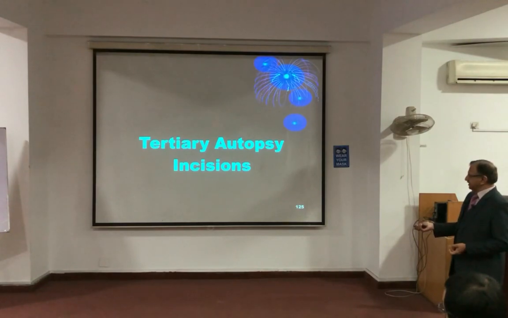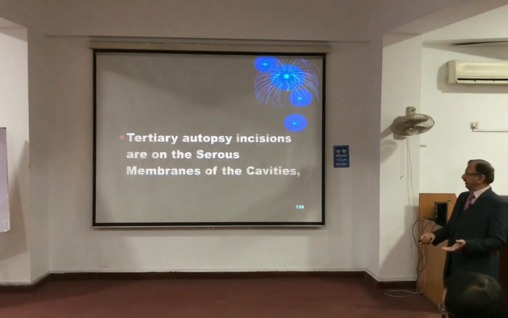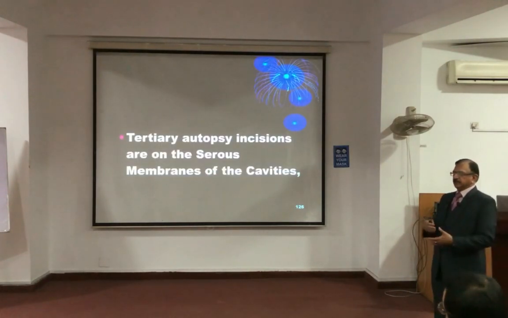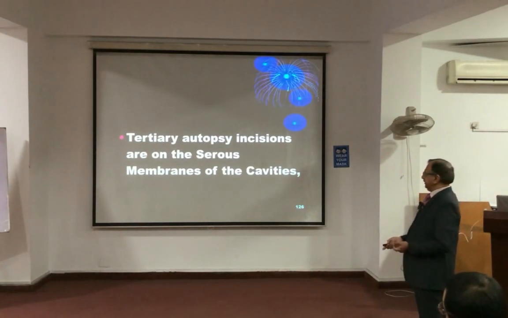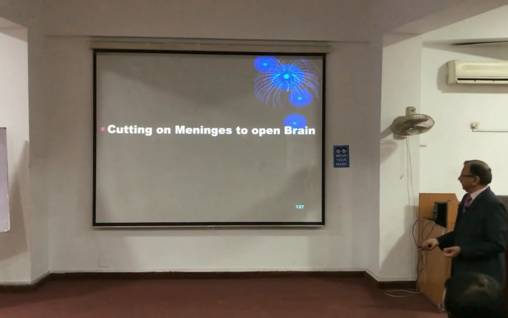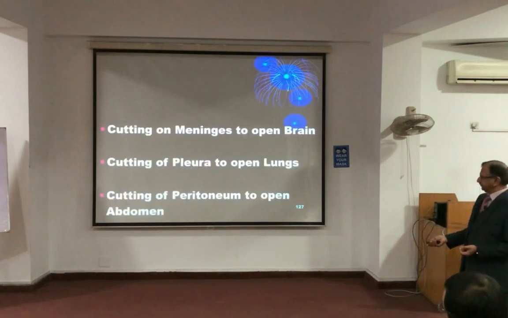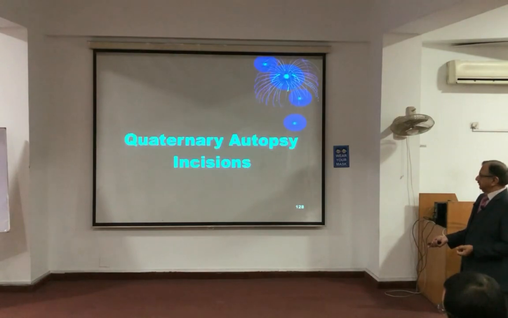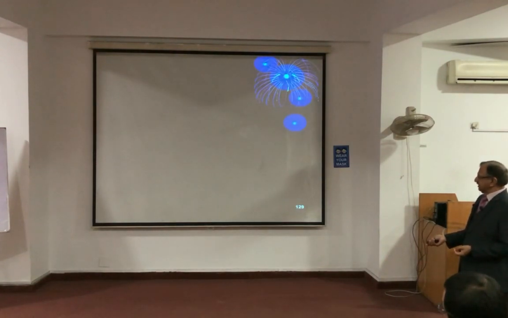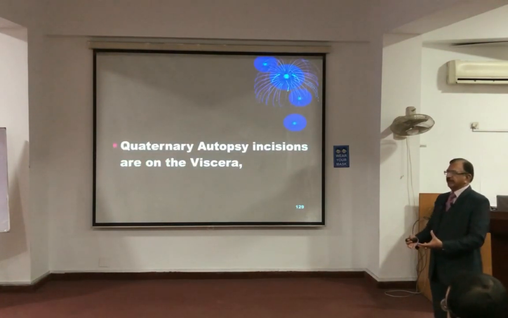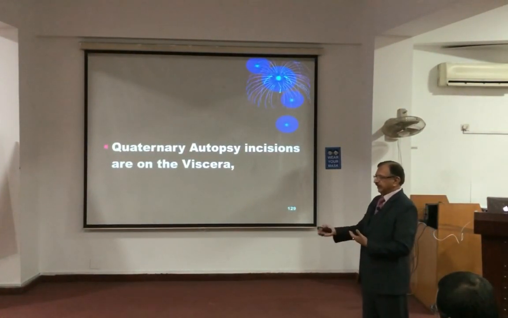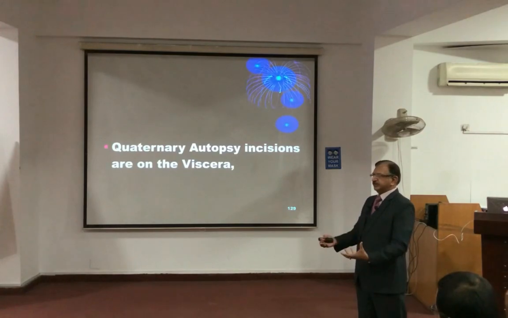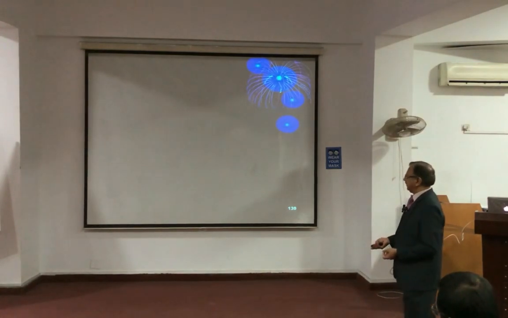And then the tertiary incision, when you open the serous layer, the pleura, the peritoneum, the meninges, to open the viscera. Then the quaternary incisions are on the viscera directly, cutting the heart, the liver, the lungs to enter into the contents or the substance of that particular viscus.